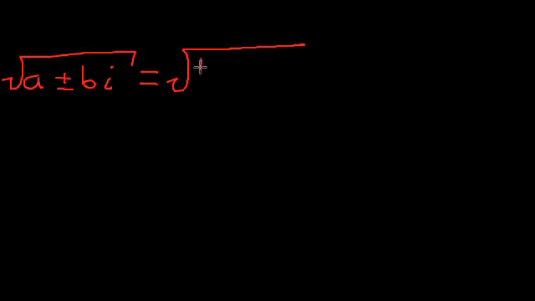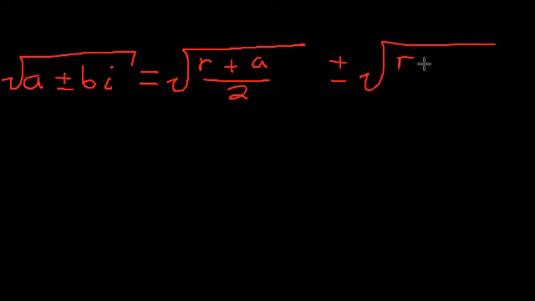a plus or minus bi, square root, equals the square root of r plus a over 2, plus or minus the square root of r minus a over 2.